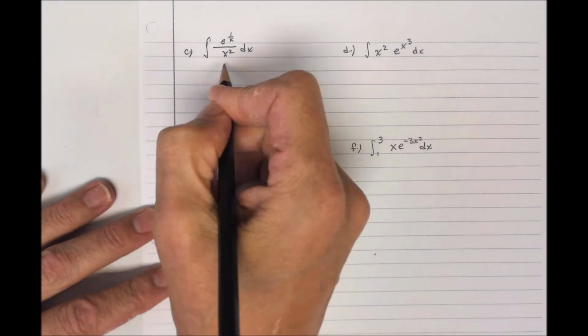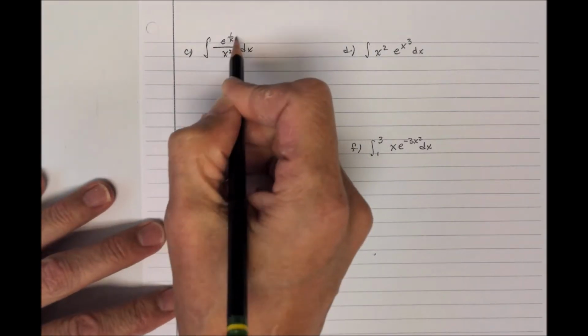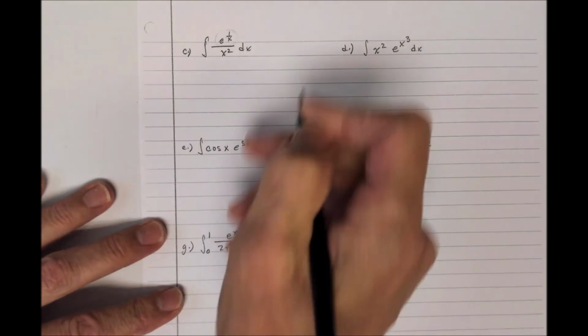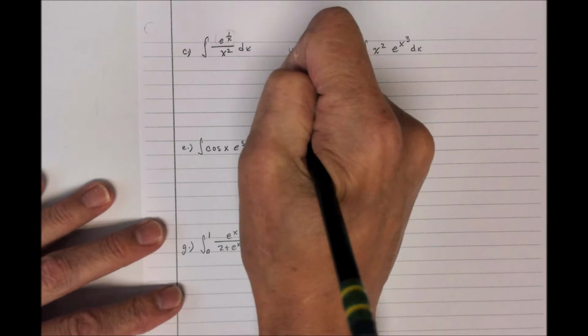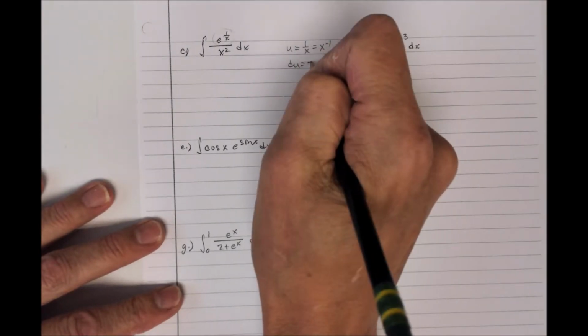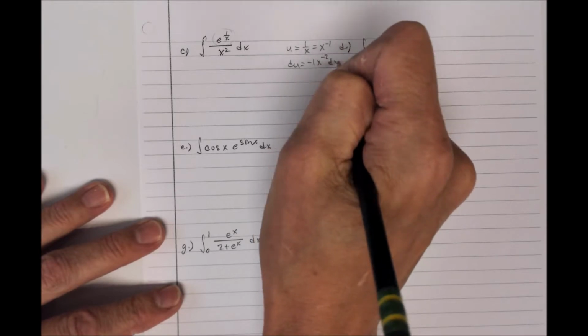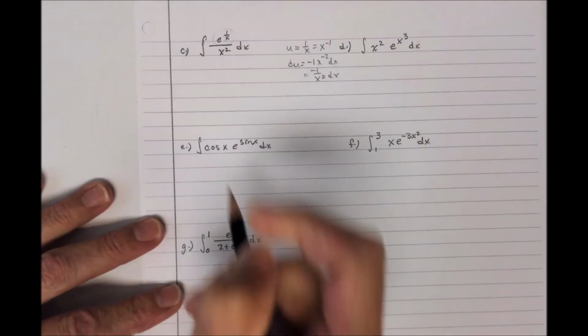This guy here is a little trickier because it looks like maybe some kind of a rational, but here's my guy, e to the 1 over x. Now, if I let u be 1 over x, then du would be the derivative of 1 over x, which is negative 1 x to the negative 2 dx, which is negative 1 over x squared dx. Well, I kind of got him here.